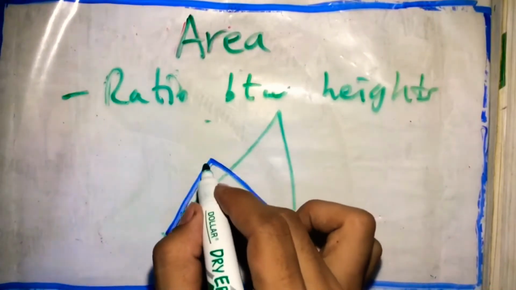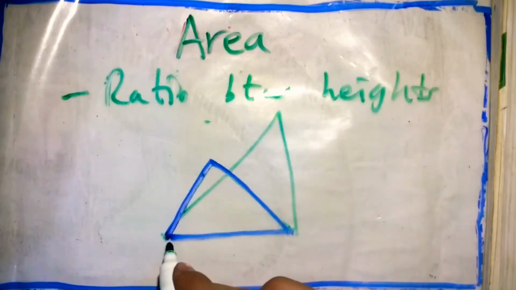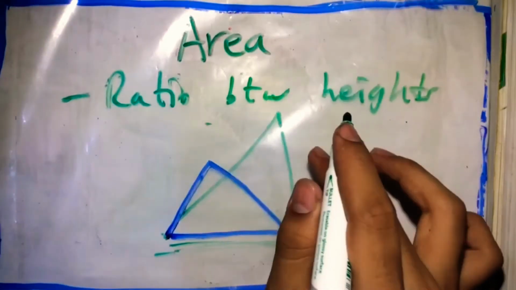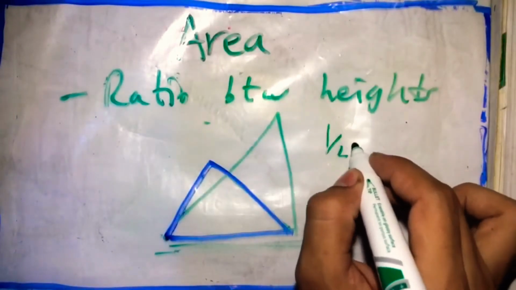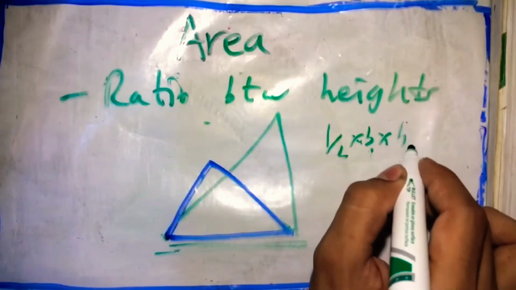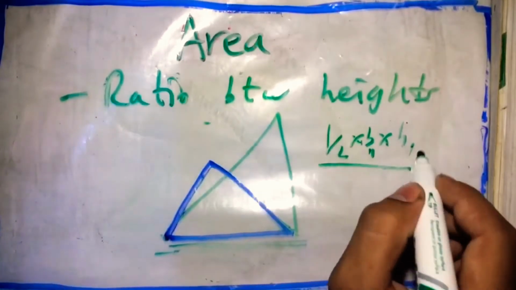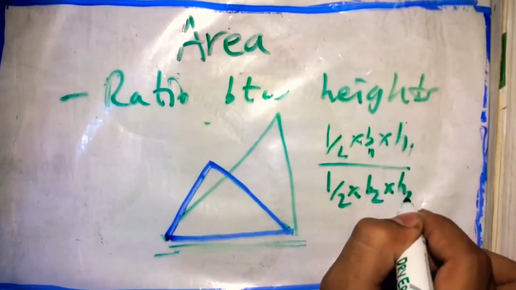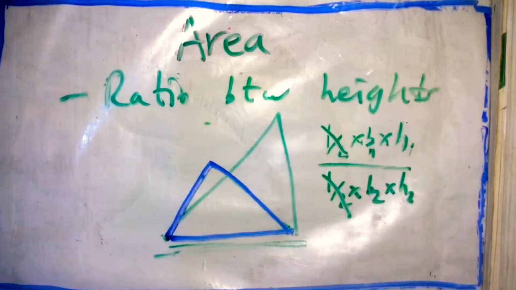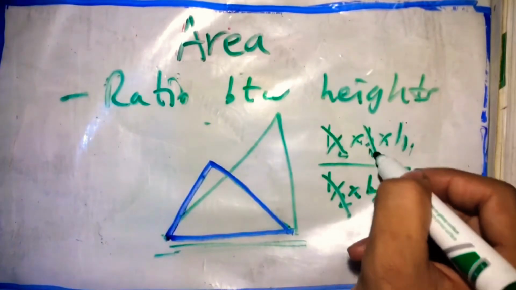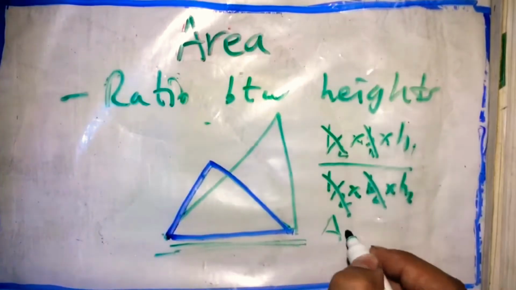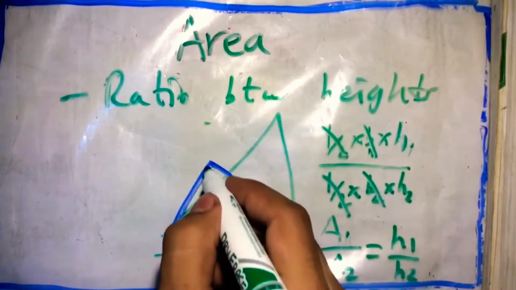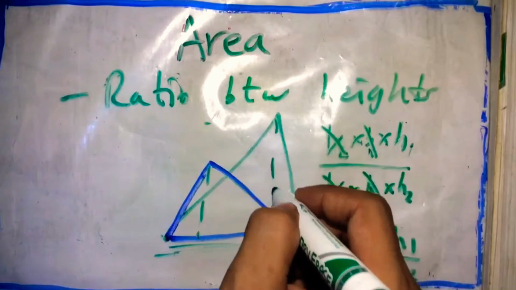For this triangle and this triangle, this is the base which is equal for both. The ratio of their areas would be half into base into height, b1 h1, upon half into b2 into h2. Now half and half get cancelled. As both bases are equal, b and b get cancelled. So A1 upon A2 is equal to h1 upon h2, the height of this and the height of this.